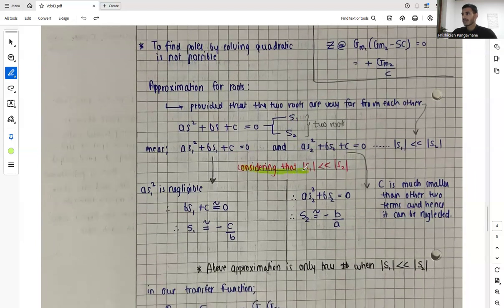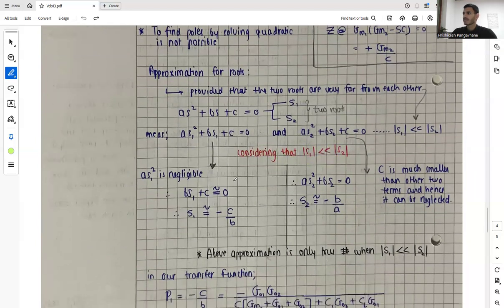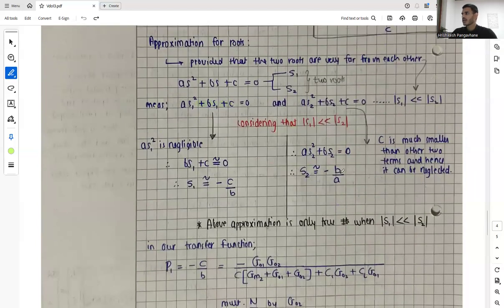Since mod of s1 is very, very small, a times s1 square is negligible in this whole equation, and the equation cuts down to this part, which is approximately 0, and thus we get s1 nearly equal to minus c by b.